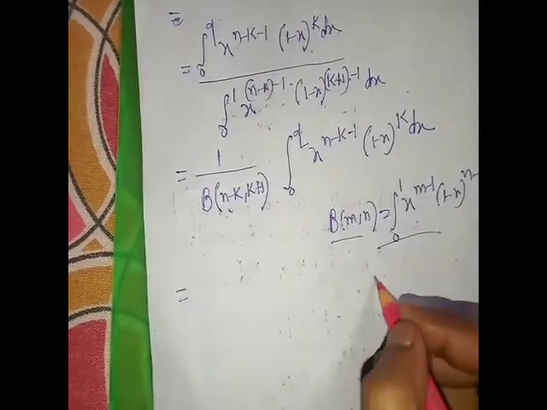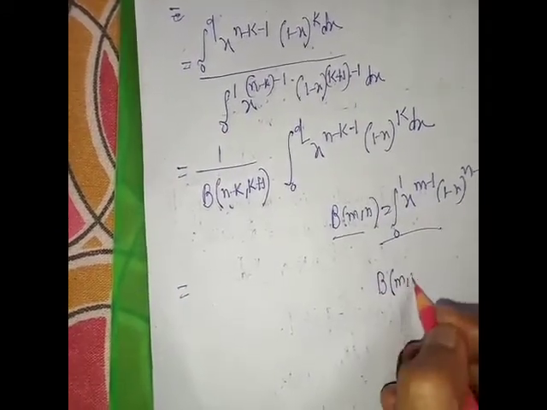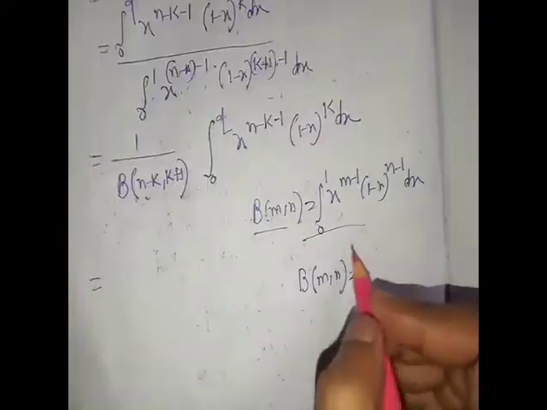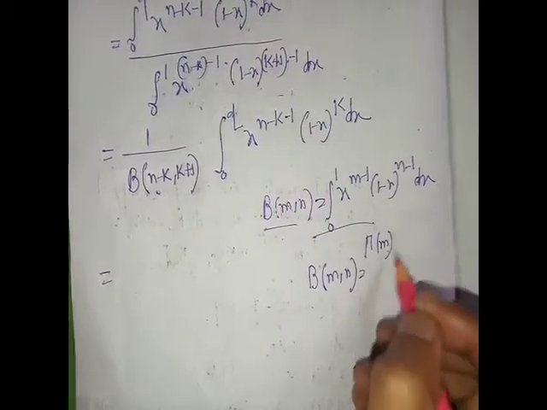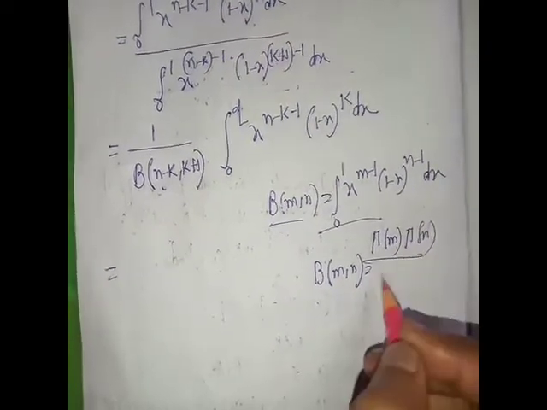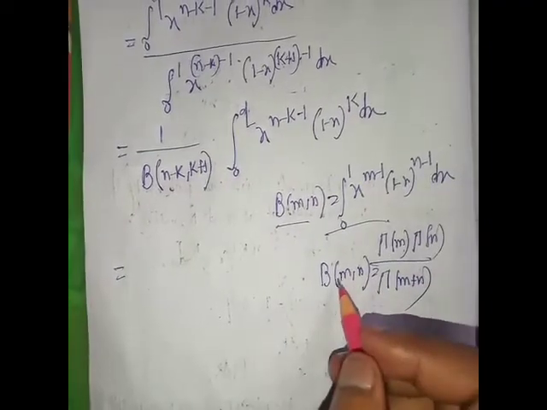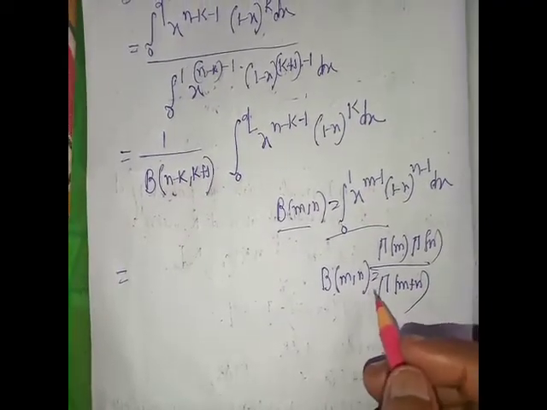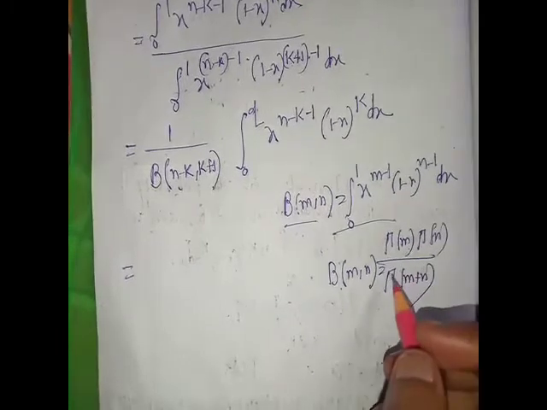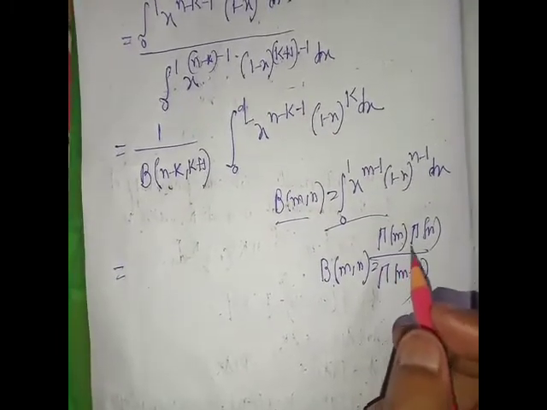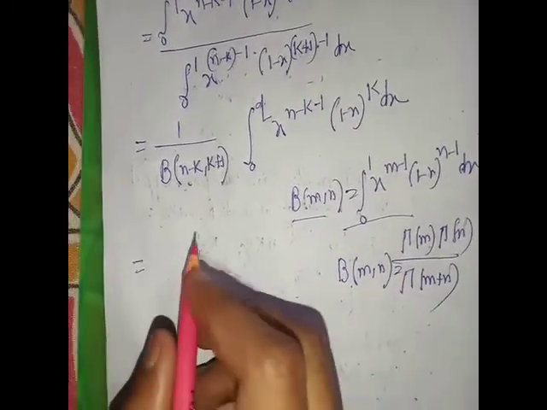Also, the relation between the gamma function and the beta function: beta(m,n) equals gamma m times gamma n divided by gamma of m plus n.